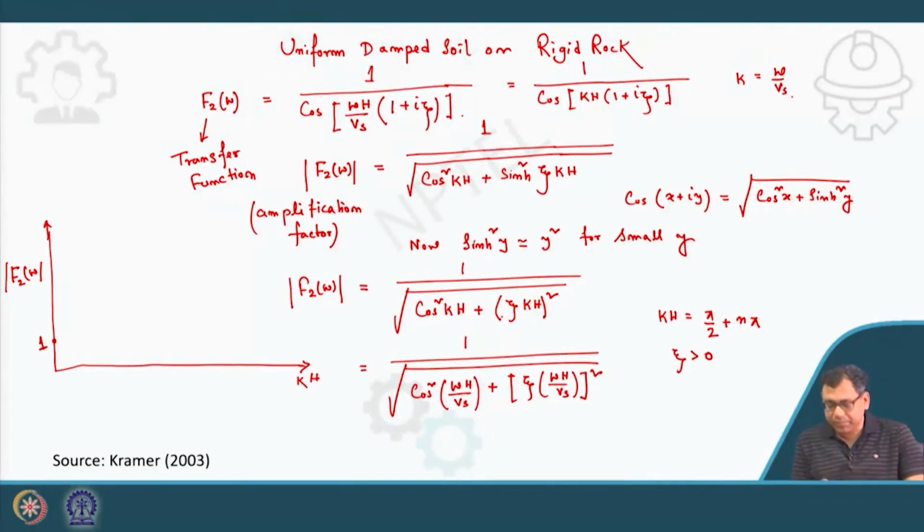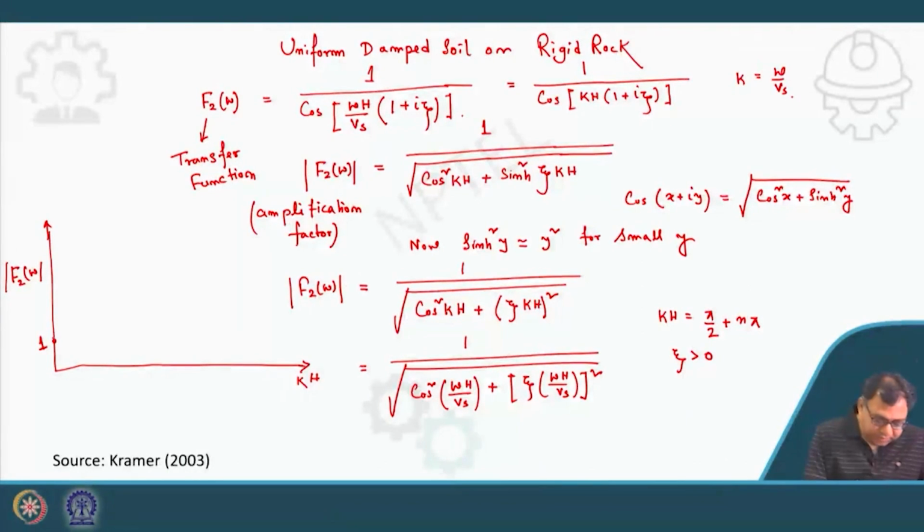First one is damping ratio into kh at pi by 2, then the second part will be damping ratio kh into pi by 2 plus pi. So, this way this term will increase. When this denominator increases, obviously as we increase the kh value, F2 omega mod will start decreasing.